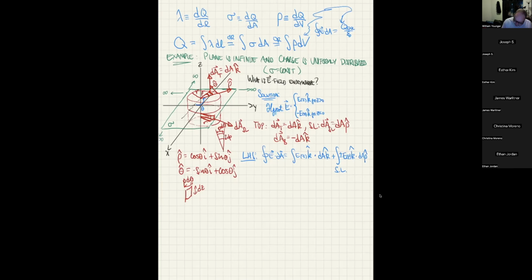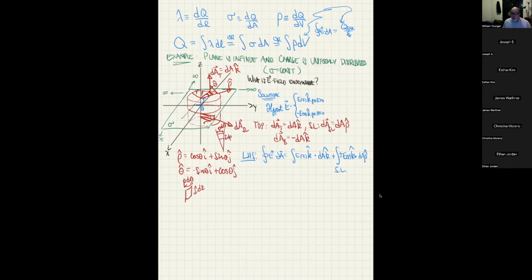So good check. The most important part is, though, that the dA is going to come out in front of that K hat, and you're going to get K hat dot rho hat. And what's K hat dot rho hat? Zero.